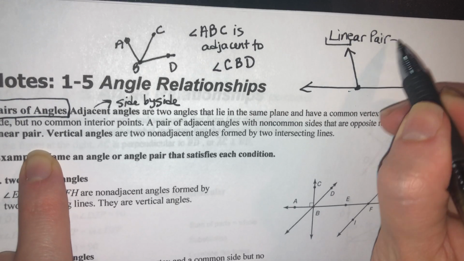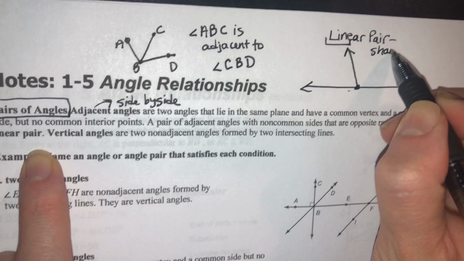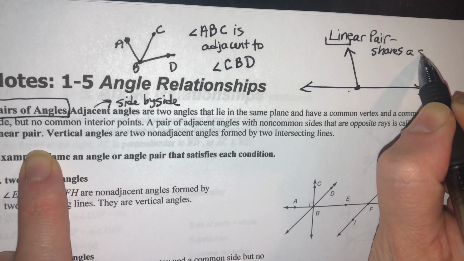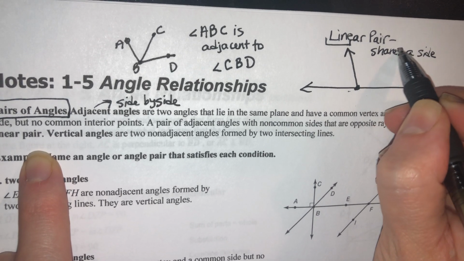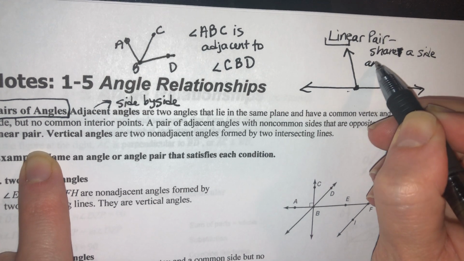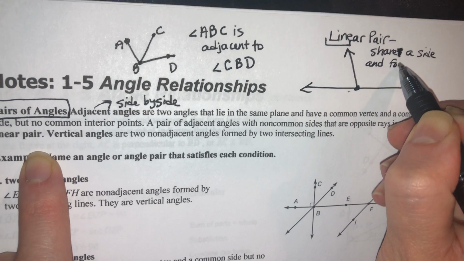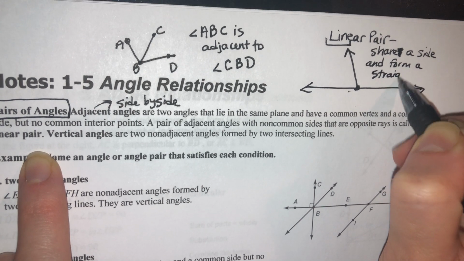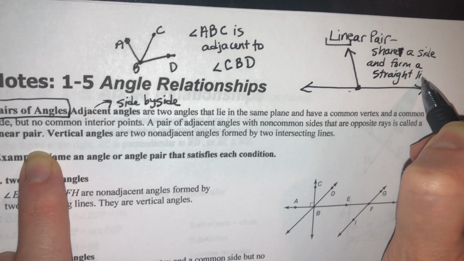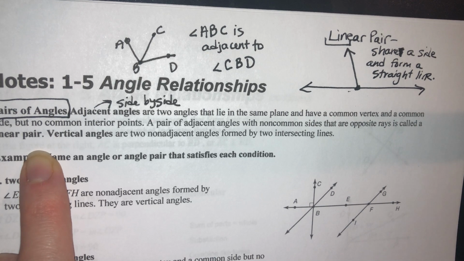So a linear pair shares a side. The two angles share a side and form a straight line with their non-common sides, with their non-shared sides.